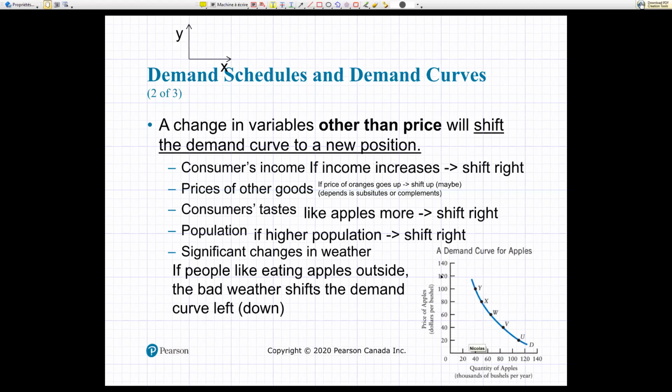But it doesn't mean that quantity causes price, all right? Even if we put quantity on the horizontal axis and price on the vertical axis, it still makes more sense to think that price will influence the quantity, and not the reverse.